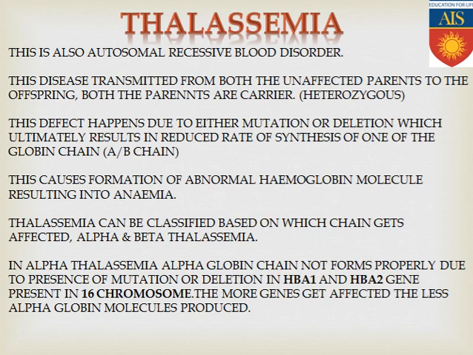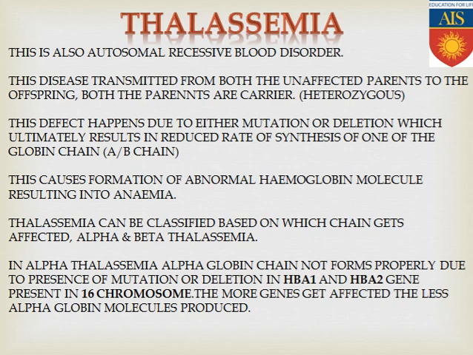And keep it in your mind, when alpha and beta polypeptide chains are not forming properly, automatically abnormal hemoglobin molecules will be produced, and that results in anemia. Thalassemia can be classified based on which chain gets affected, alpha and beta thalassemia. In alpha thalassemia, the alpha globin chain is not formed properly due to the presence of mutation or deletion in the HBA1 and HBA2 genes present in the 16th chromosome.